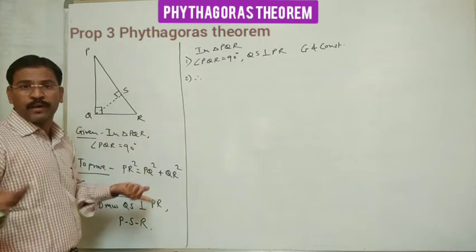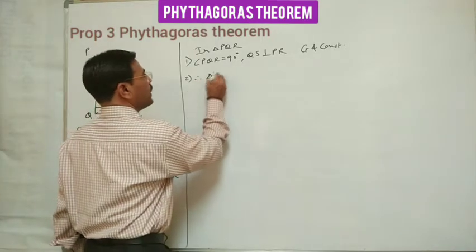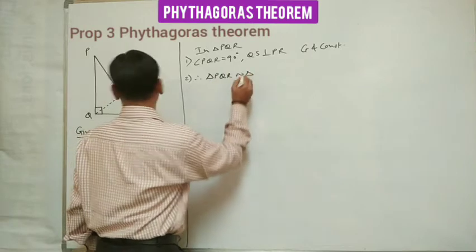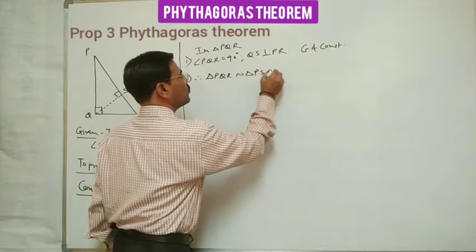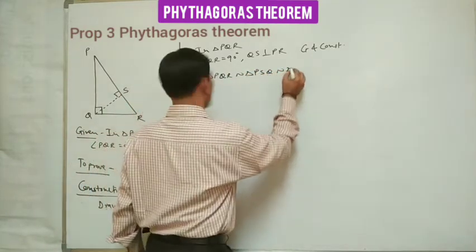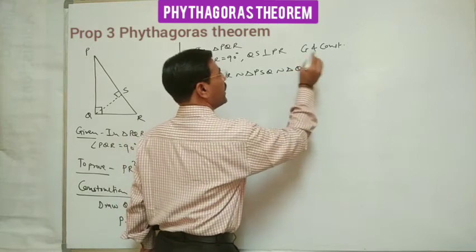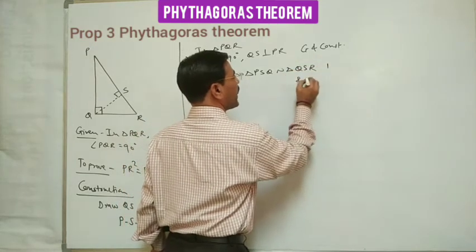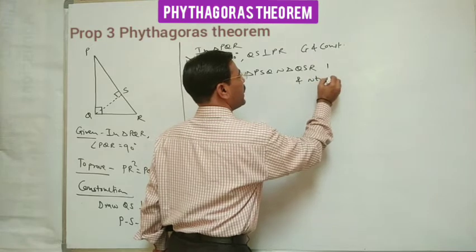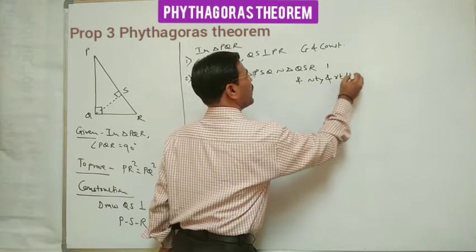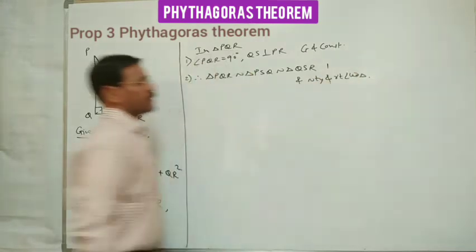This is a trick to remember. Write PQR similar to PSQ similar to QSR. This is from 1, and you can write here similarity and right angled triangle like this one.